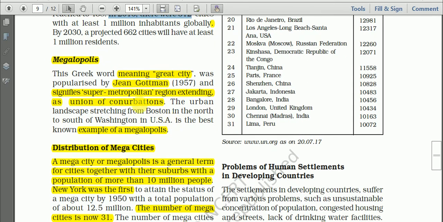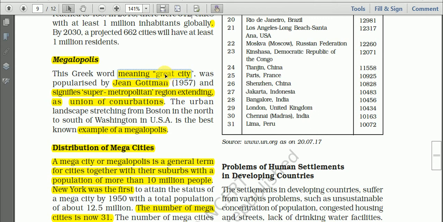Next we have megapolis, another type of urban settlement. Megapolis is derived from a Greek word meaning great city. Mega means big or great, polis means city.